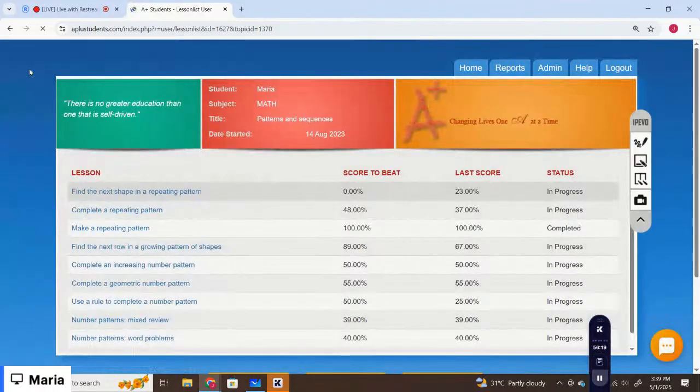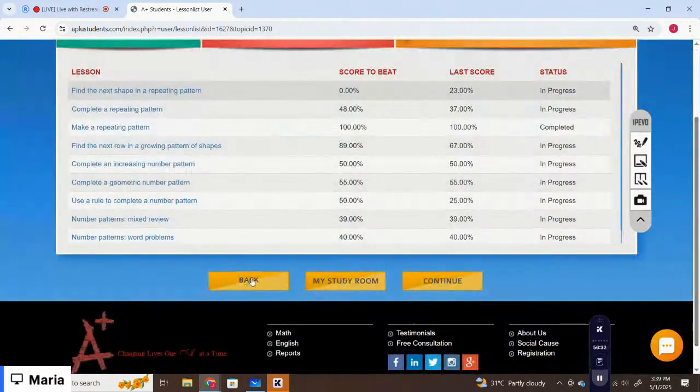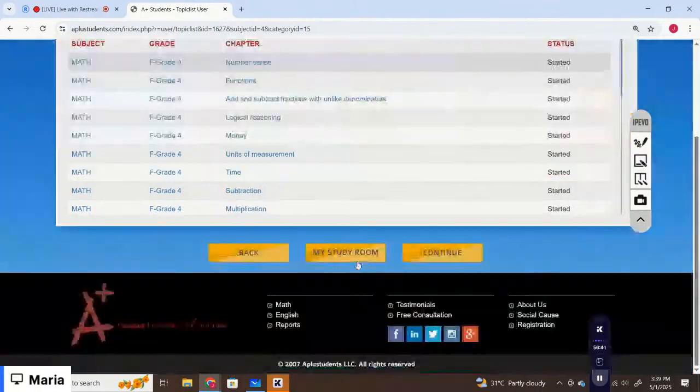The lessons we have covered today are find the next shape in the repeating pattern, complete a repeating pattern, make a repeating pattern, and find the next row in a growing pattern of shapes. So please make sure before the next session you complete all the practice questions for the lessons we just did. That is your homework until the next session.